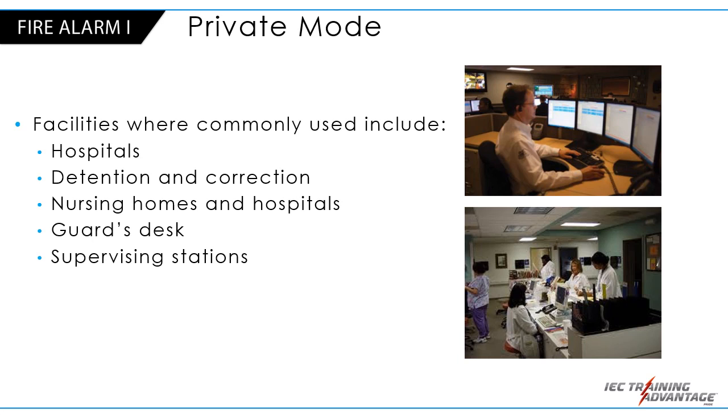There's no need at that point, unless it gets out of hand, to evacuate the entire hospital and ICU because of a smoldering trash can on the west wing of the pediatric care or something like that. So these private mode systems allow for partial evacuations as well as total evacuations.